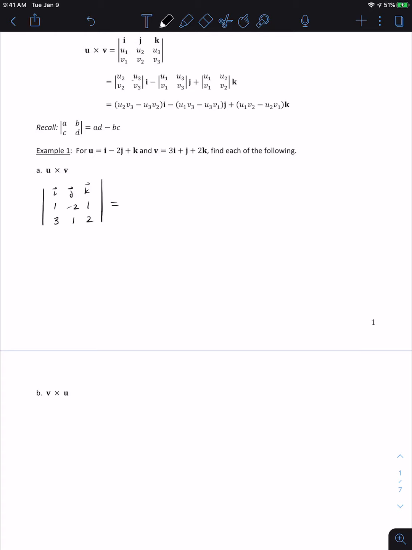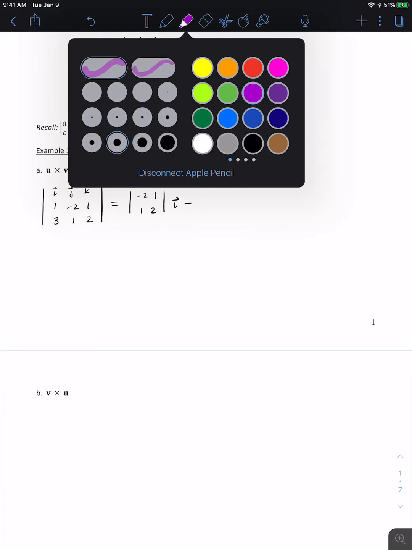Right now, I'm going to expand around i, so I'm going to pretend that this row and this column don't exist. So I say, okay, -2, 1, 1, 2, and then I have the i, because we expanded about the i row and column. And now I need a subtraction sign because I'm going about the j next.